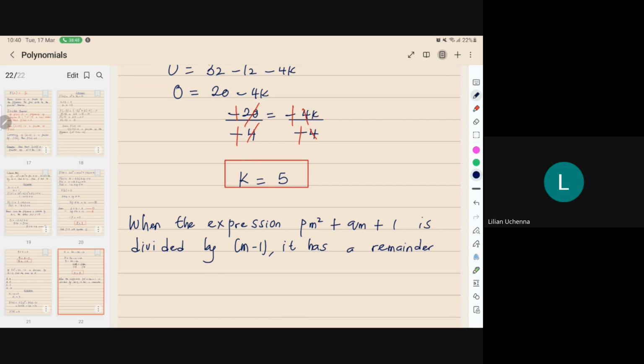What kind of English is this? It has a remainder is 2. It should be has a remainder of 2. This first question. Wow.